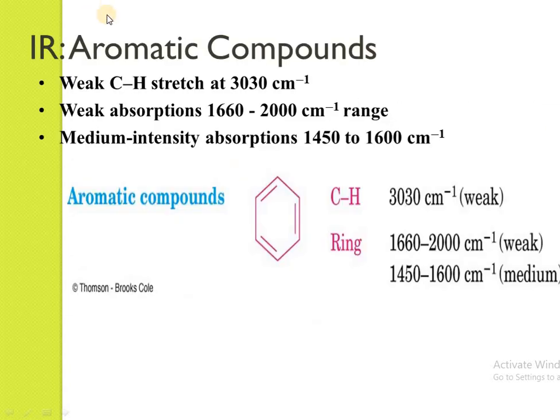And then the aromatic compounds. In aromatic compounds we have a weak CH stretch at 3030 centimeter inverse, weak absorptions in the range 1660 to 2000 centimeter inverse, and medium intensity absorptions around 1450 to 1600 centimeter inverse. These are very important, and these are indicative of the aromatic ring.